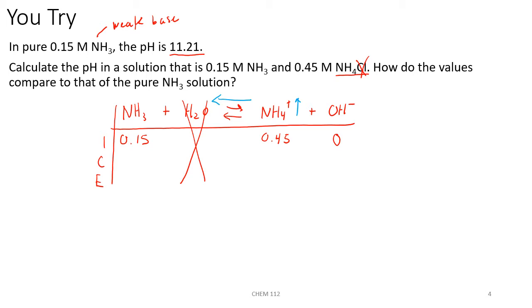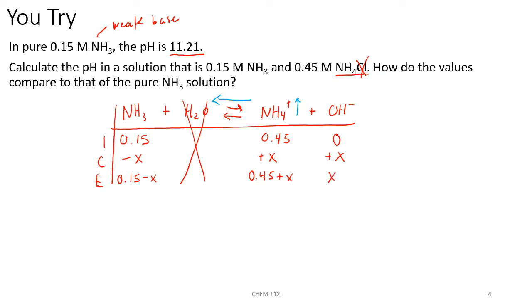Dissociation of our weak base, we would say the change is going to go down by minus x. For the ammonium, it'll be plus x, and for the hydroxide, it'll be plus x. Our equilibrium line will be 0.15 minus x for ammonia. It'll be 0.45 plus x for ammonium, and it'll be just x for hydroxide.